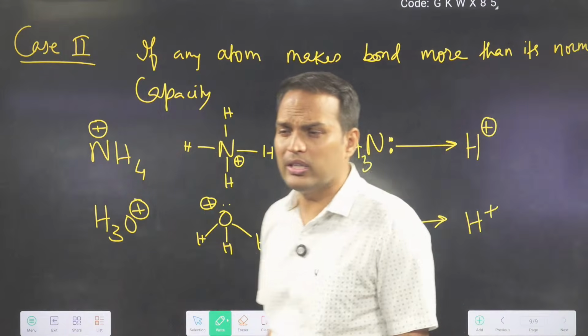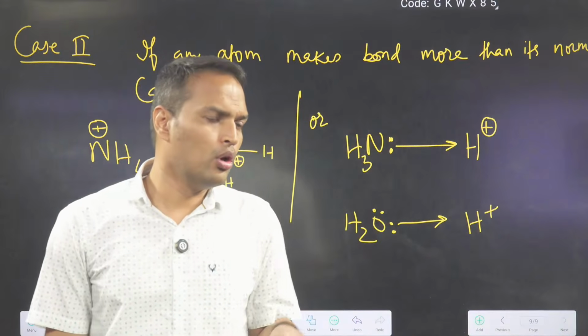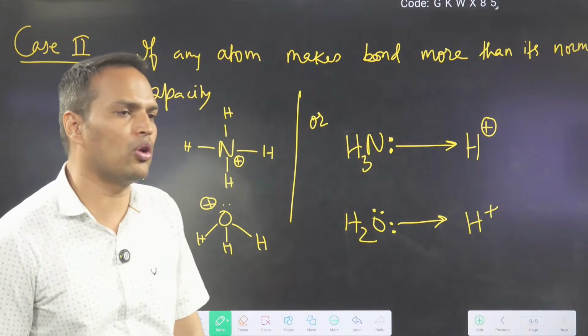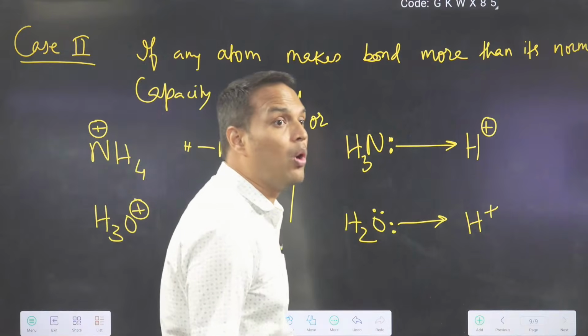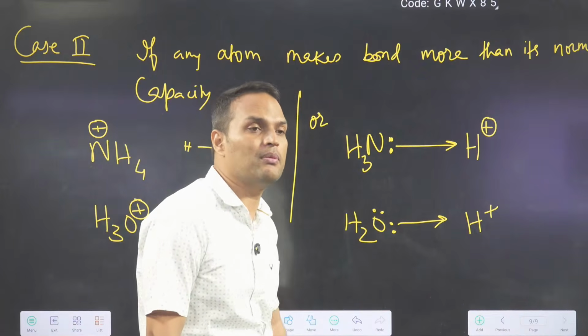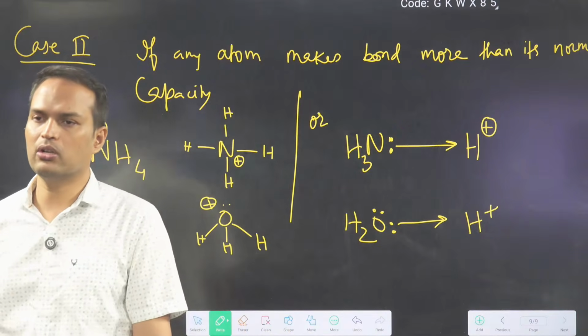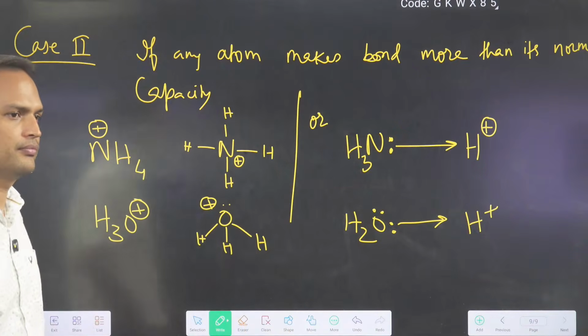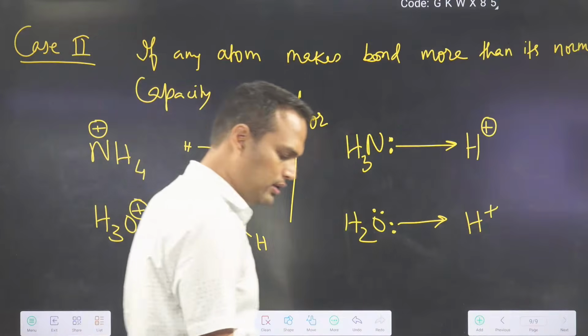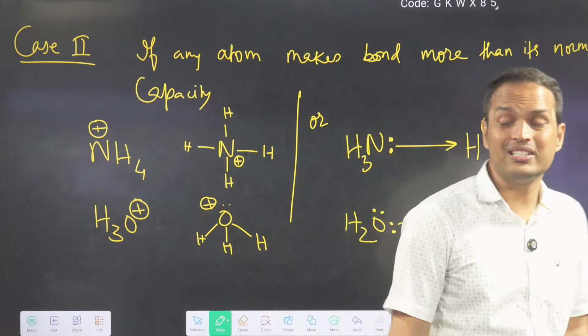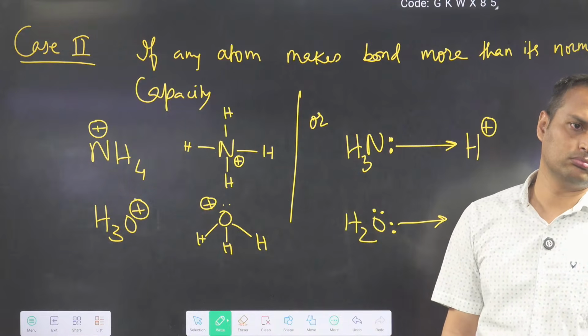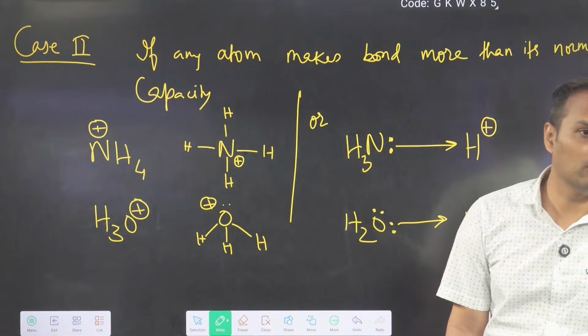They will ask you in the hydronium ion, who is sharing an electron pair with H plus? Options will be water, and next option will be oxygen gas. What will you tick? Water or oxygen gas? Oxygen gas means O2. You have to tick water.